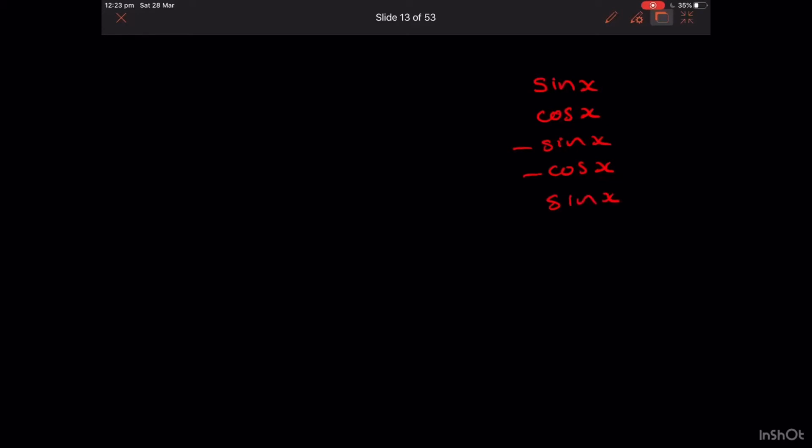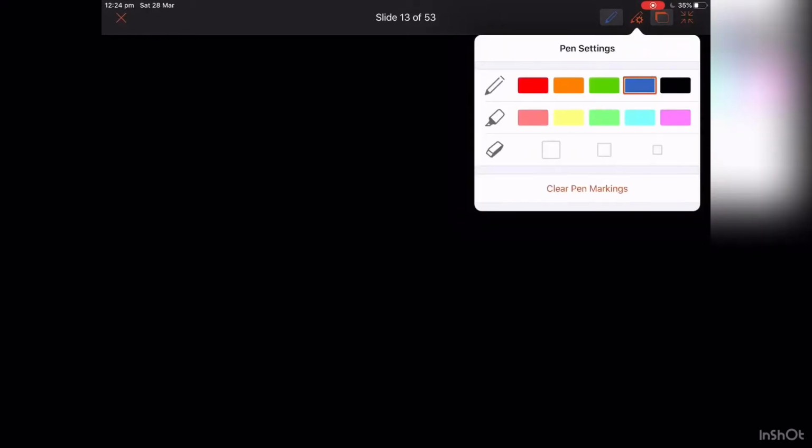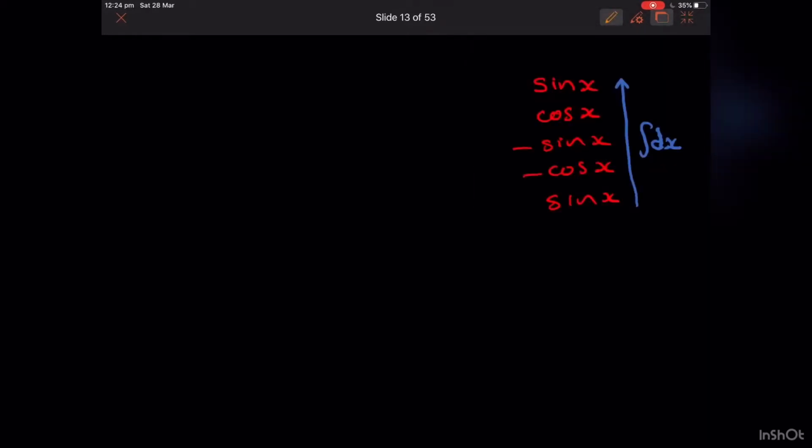If we take this order from the bottom up to the top, this is the integral of dx, and the other side is when you differentiate from the top to the bottom. So this is dy over dx.